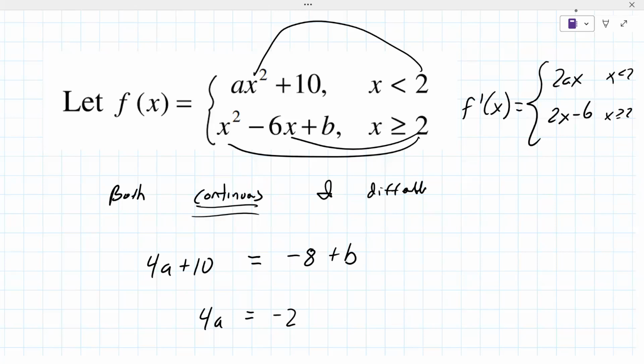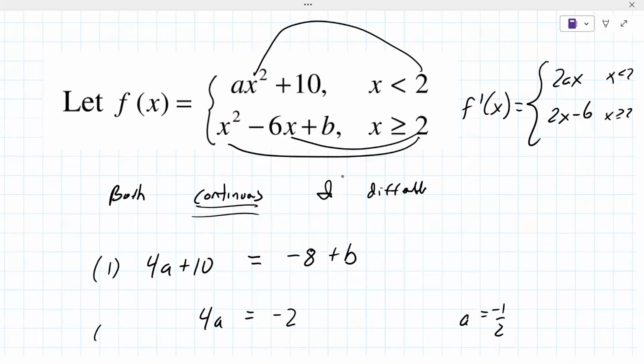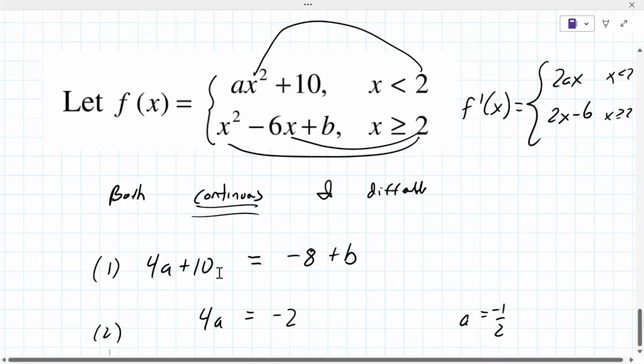And then you put that in to find the value of b. When I'm solving for b, I plug the 2 into the x, right? We already did that. You're going back to the first equation. Oh, -8 plus b? Or the 4a plus 10 equals. Yes, that's the first one.